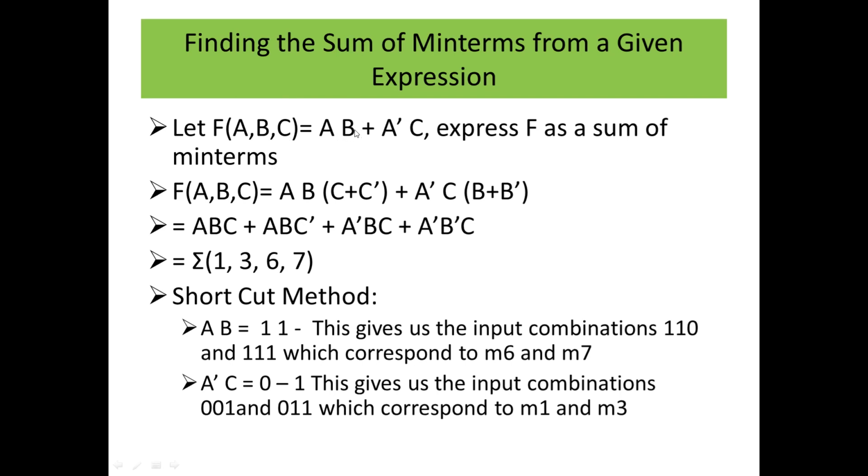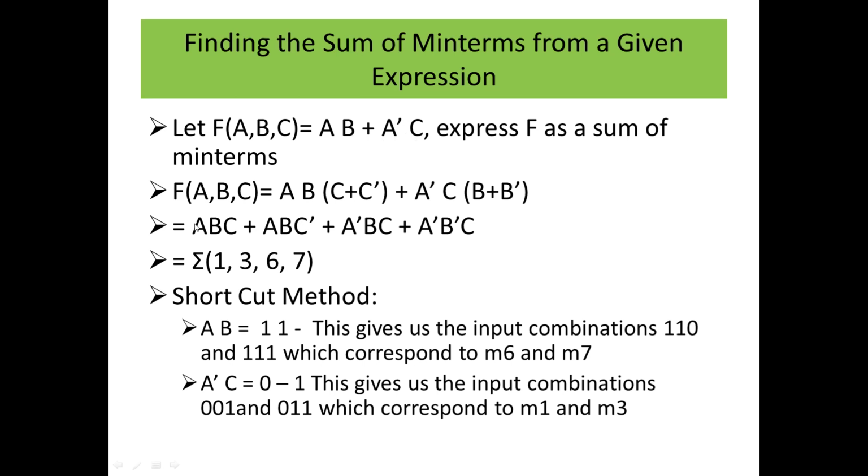Because the C variable is not present here. I repeat students, AB is a product term but not a min term because C is not there. Next, A bar C is a product term, but variable B is not there. Hence, it is a product term, but not a min term.